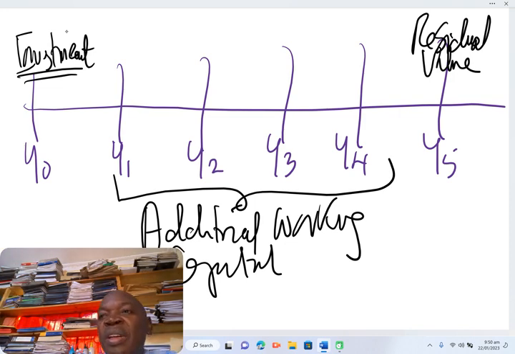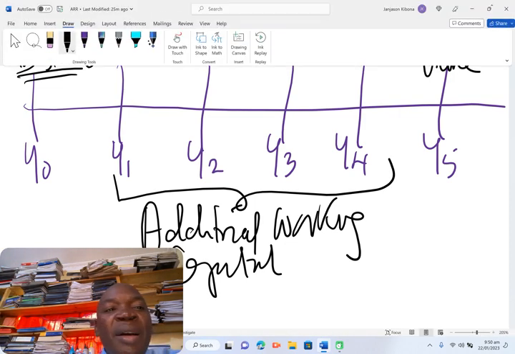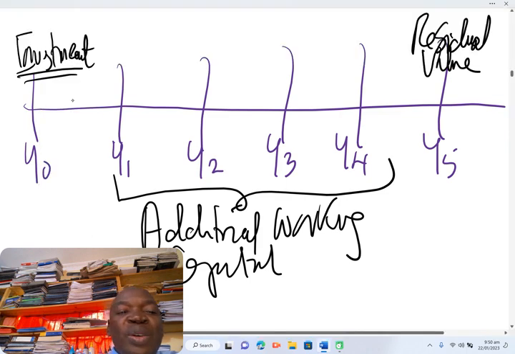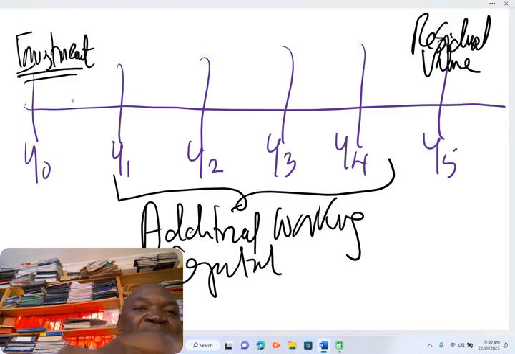Now, lastly, the project manager must estimate how much the project is going to earn. So we need to see revenue.